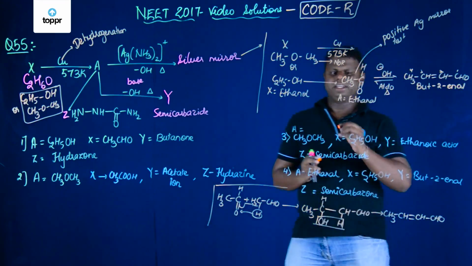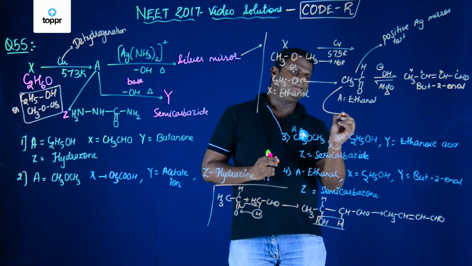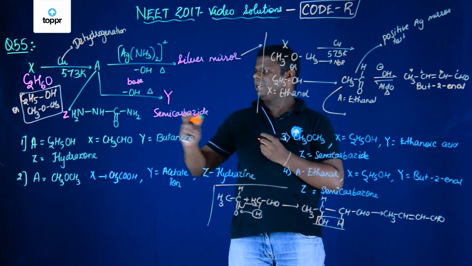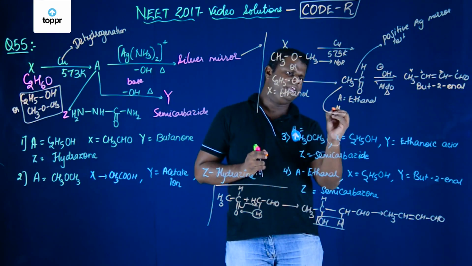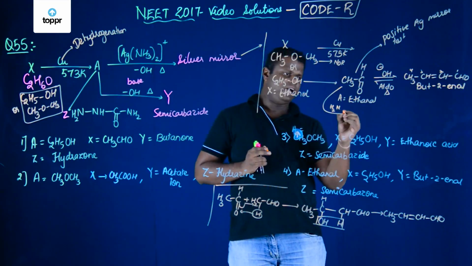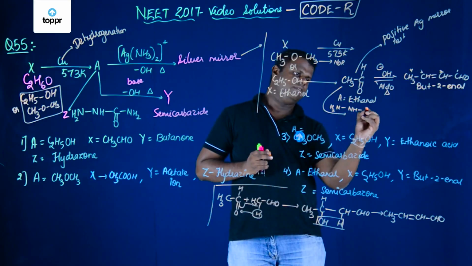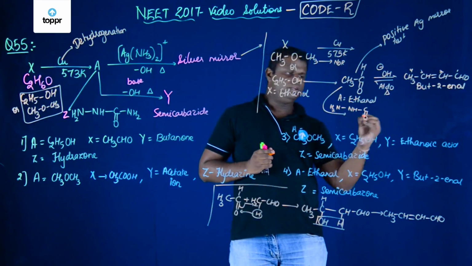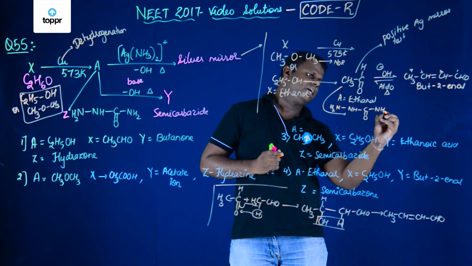And then what exactly have they given? This on treatment with semicarbazide. So you have NH2, then NH, then a C=O, and then an NH2. So what exactly happens?